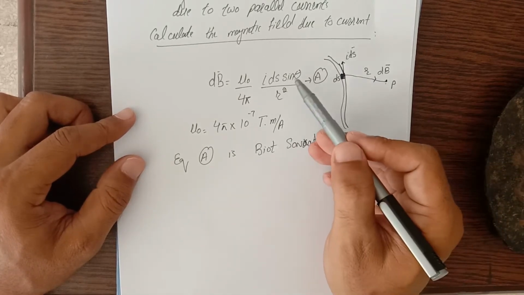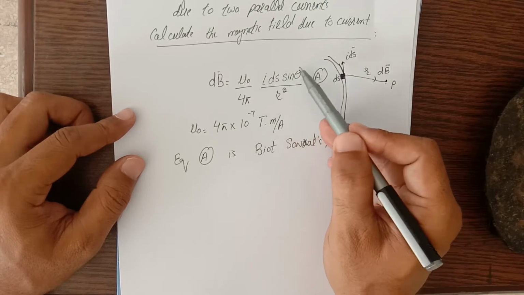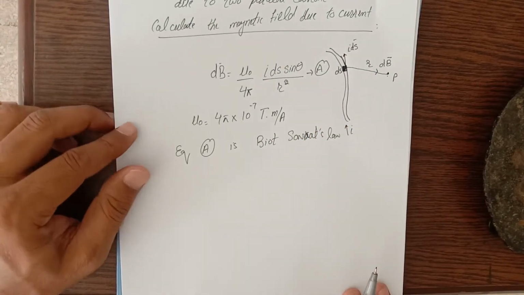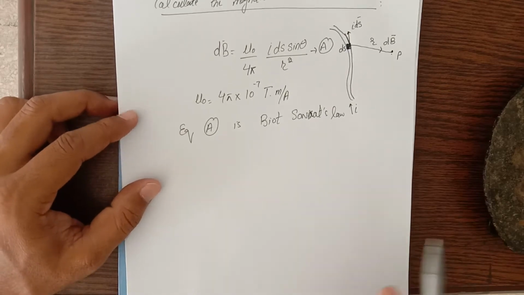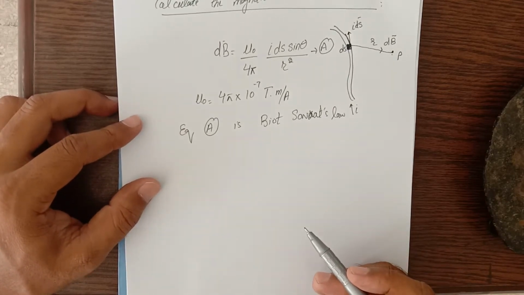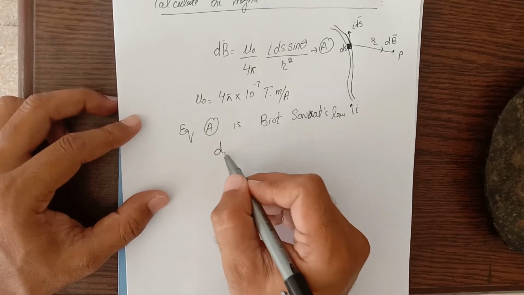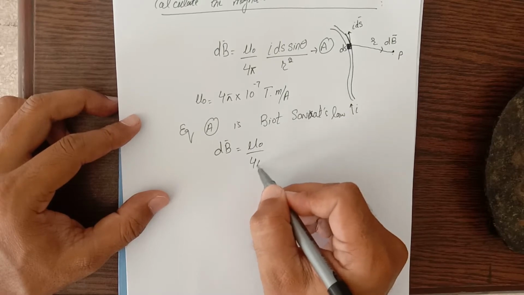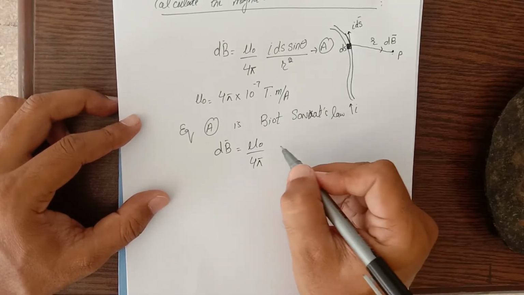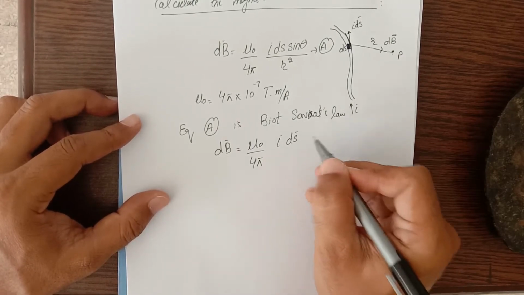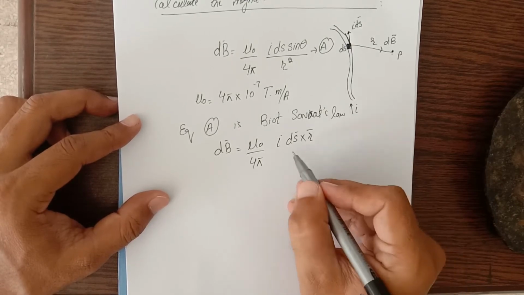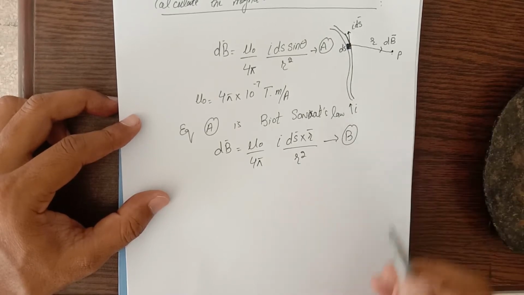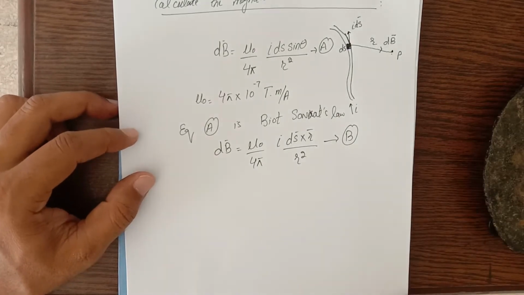Now since it is I ds sine theta, one can say that it can be represented in vector product form as well. Now the vector product form of this equation would be dB equals mu naught over 4 pi, I ds cross r unit vector over r square. This equation B also represents the Biot-Savart's law.